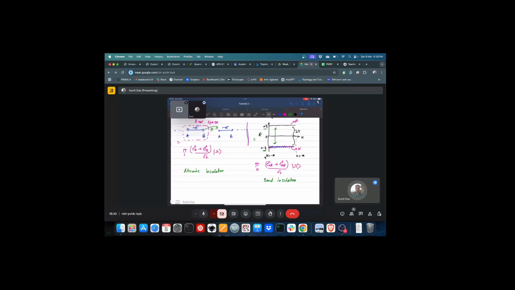An amount of energy 2t is needed for electrons to go from the minus t energy state to the plus t energy state. So this is an example showing that a band insulator can be thought of as an atomic insulator.